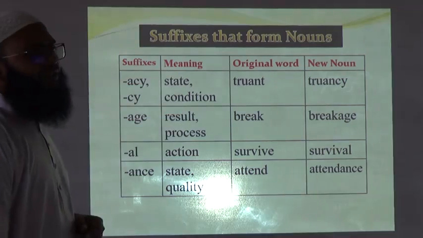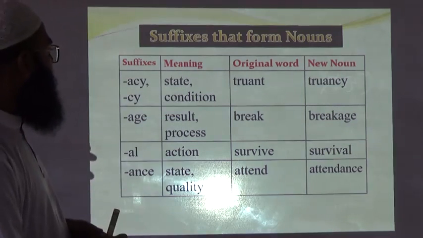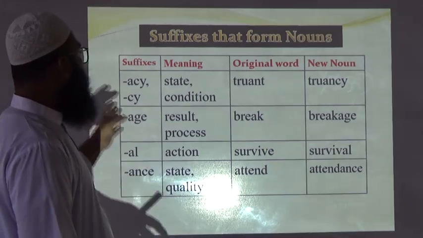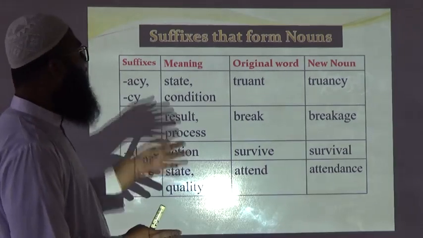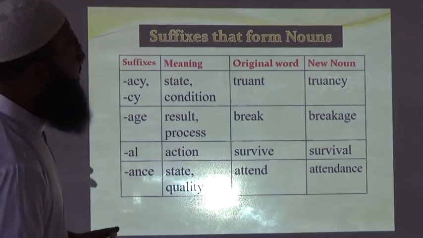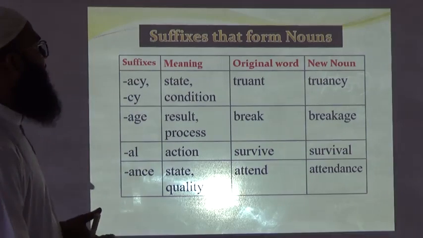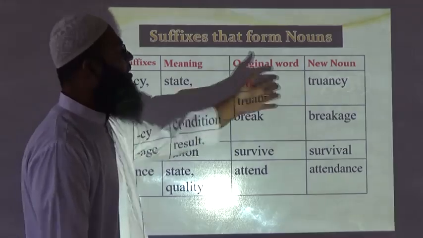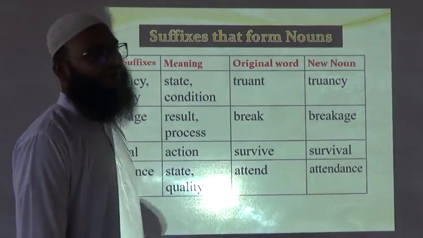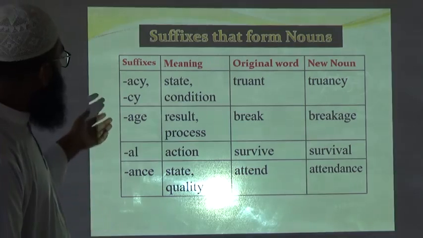Its meaning is state or condition, that means situation. Lazy is the general word. If I add CY at the end of it, it will be laziness. Lazy is an adjective, it has become a noun.